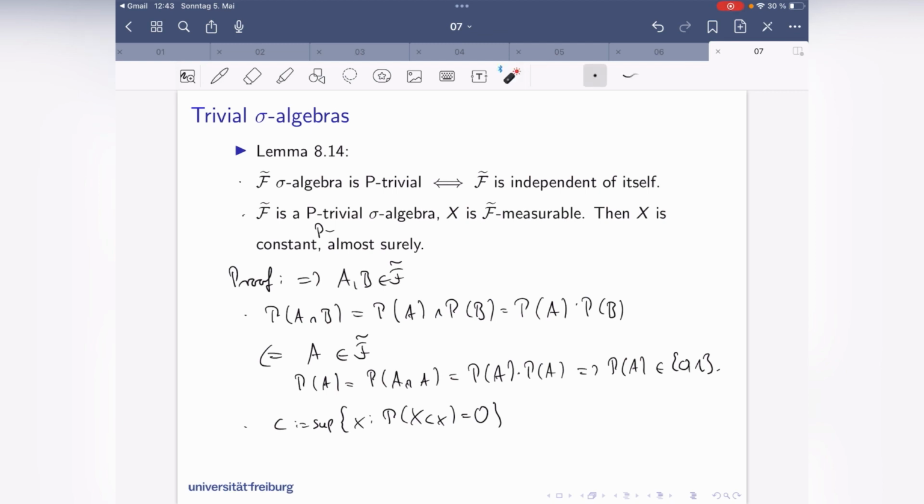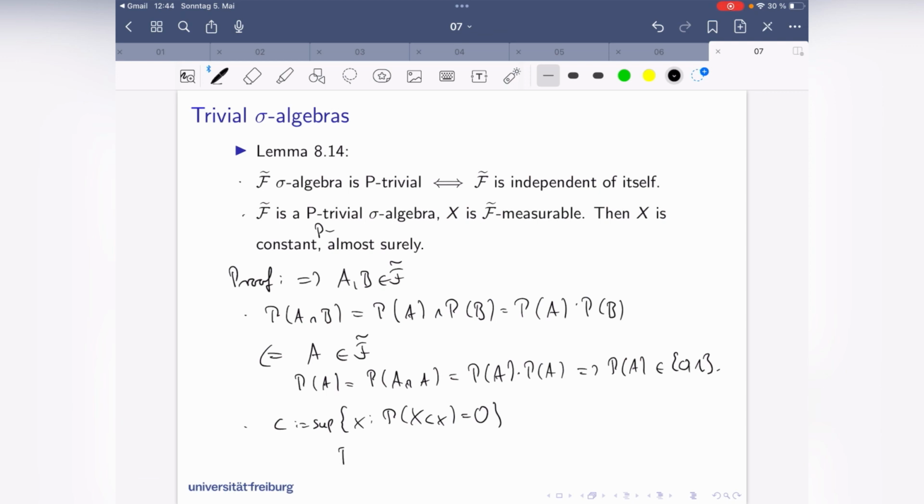Which means if I take anything larger than c, then this is no longer 0. But if it's no longer 0 and X is measurable with respect to a P-trivial sigma algebra, it must be 1. That's the point.